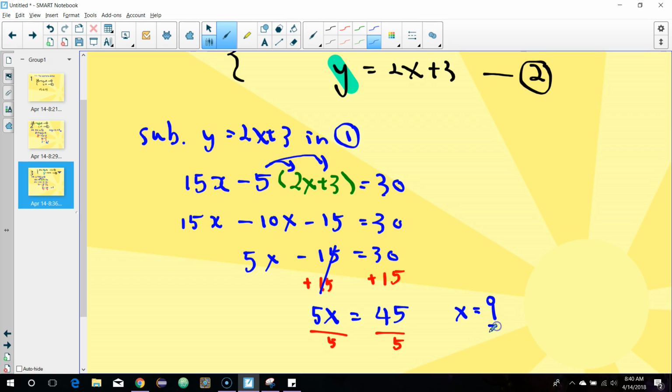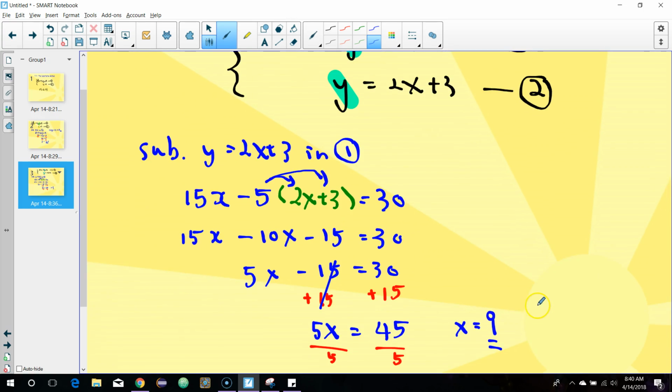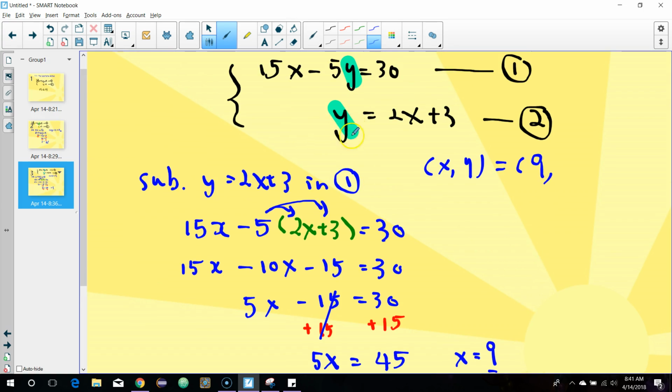Alright. Now, just like the previous question, we are looking for xy, right? We are looking for xy. So now I know that my x is 9. How about my y? My y is still kind of odd. I don't have a number tied to it. I have this 2x plus 3. So subsequently, when I have to find y, I'll use a different color.